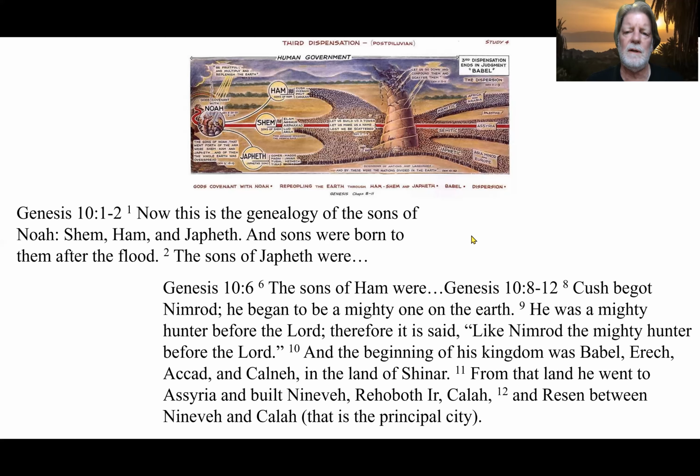Before I go on, let me talk a little bit more about Nimrod. I'm going to say that here in Bavel, since Nimrod built that city, this was his headquarters. This was the place where he ruled as a human governor.